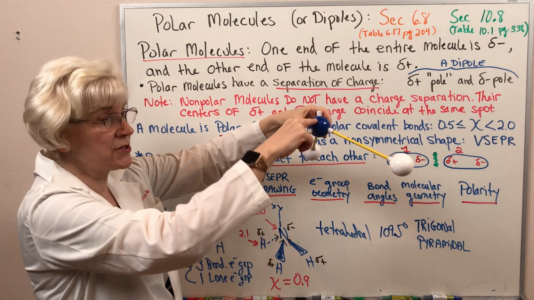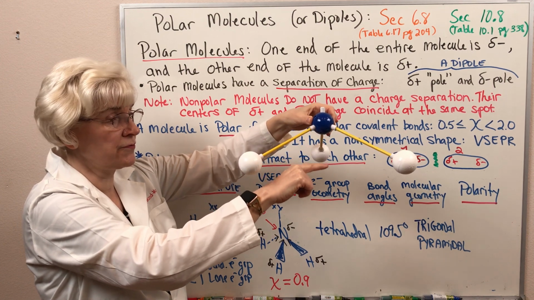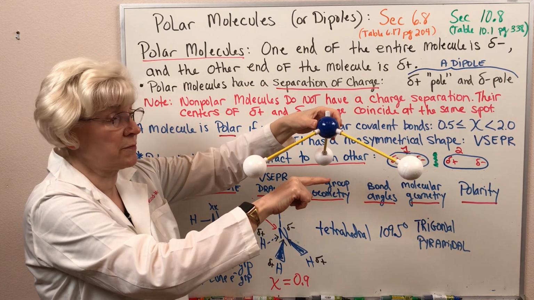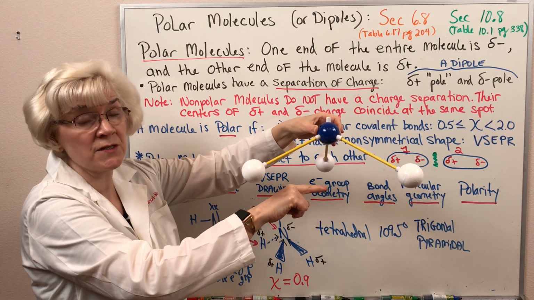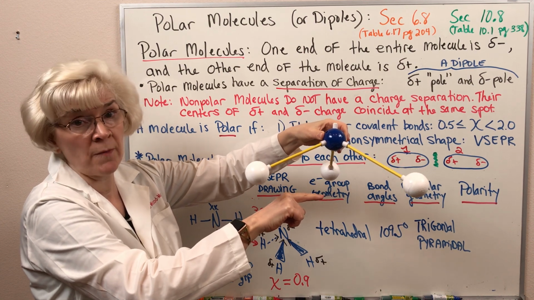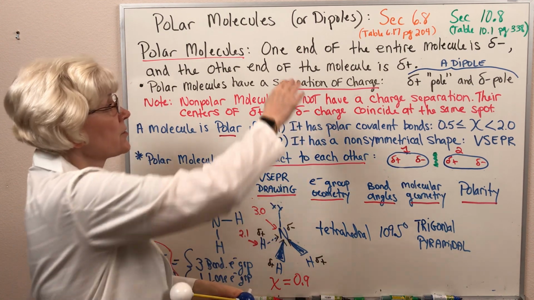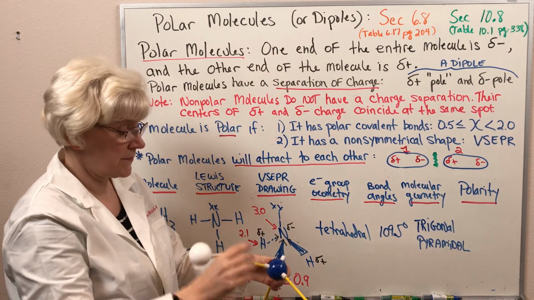The partial negative center is right here, but I'm having to move to get to the center of partial positive charge. As soon as you are looking at a situation like that, the molecule is a polar molecule. It's meeting the criteria that we said when we introduced the concept.